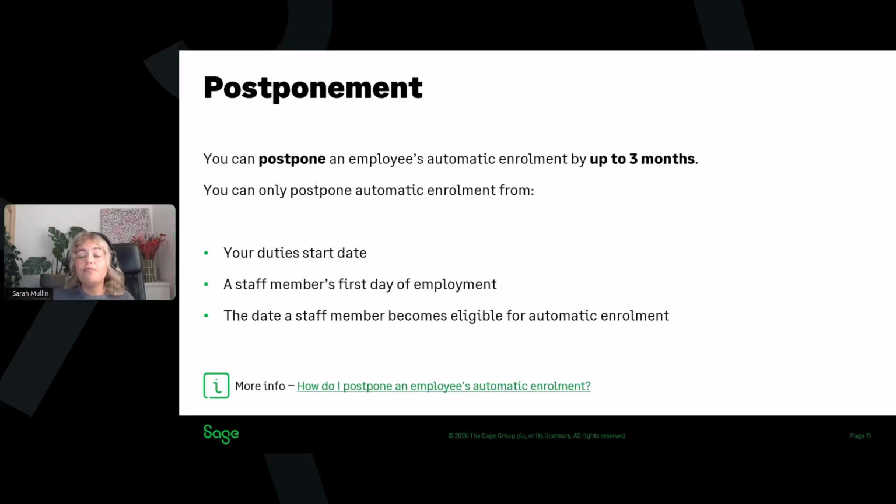So if maybe they've had a birthday, they've changed from 21 to 22, they're now eligible, then they can be postponed at that point. So postponement is commonly used for temporary staff, so maybe summer or Christmas workers, or if an employee's on a probationary period, which is quite a common scenario. But it's very straightforward to apply in the pension assessment, and we'll look at that closely in a moment.